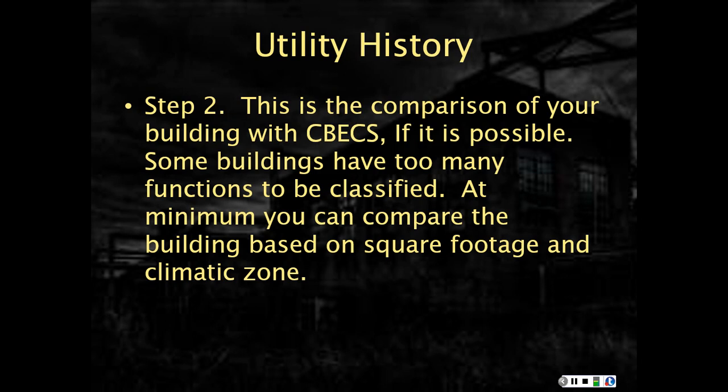Not a great comparison because obviously a warehouse uses a lot less energy than a bakery or a high energy hospital, whatever. But again, if I have multiple functions in a building, it's one more method that I can use to get a handle on how this building is doing compared to the outside world.